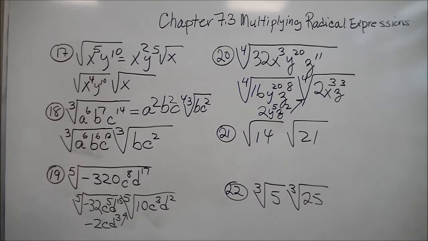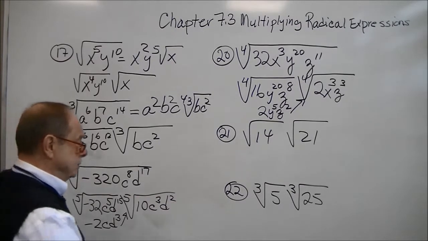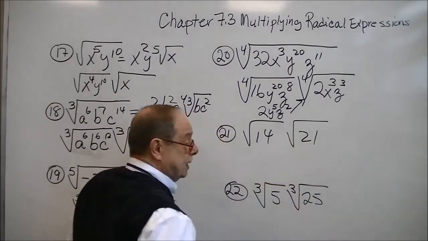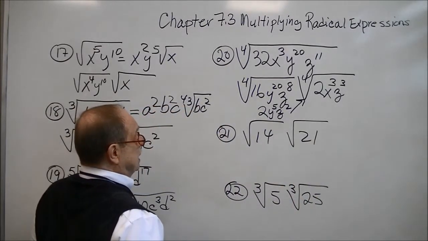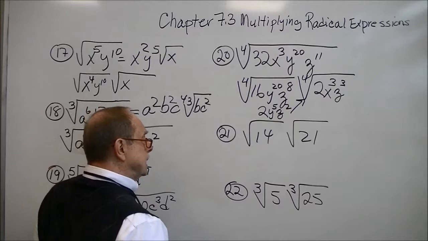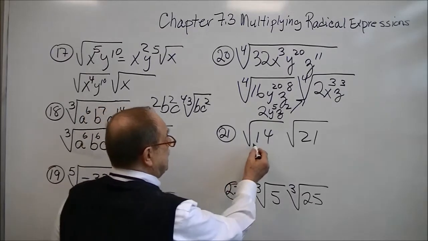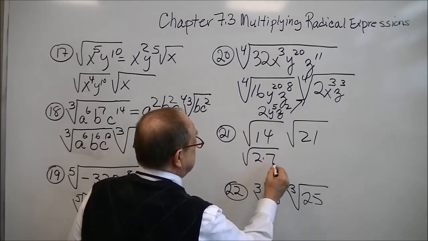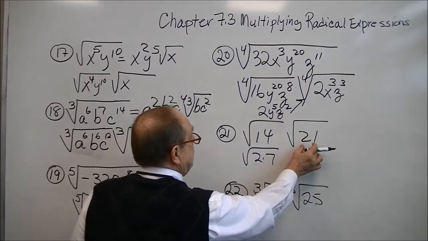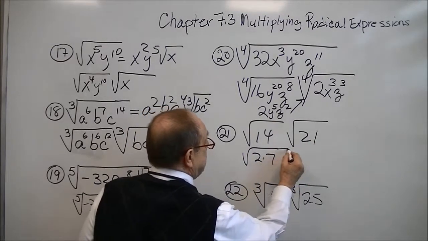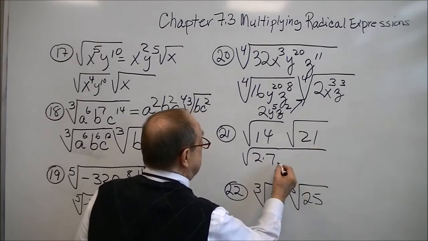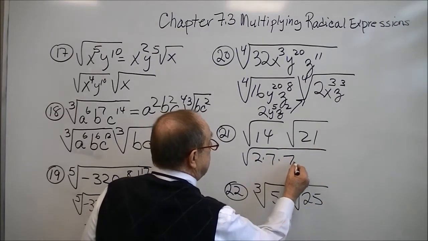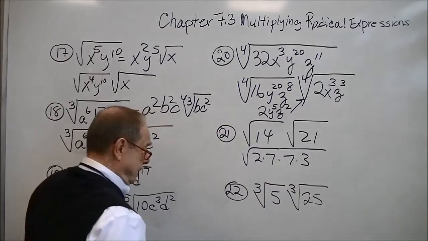Now for number 20, they're changing things around a little bit. They want you to, let's say, multiply and then simplify. But again, I'm going to try to show you a technique that may help. Now, what is 14? Well, that's the square root of 2 times 7. And what is 21? And I can put it all under a common radical sign. That's 7 times 3.